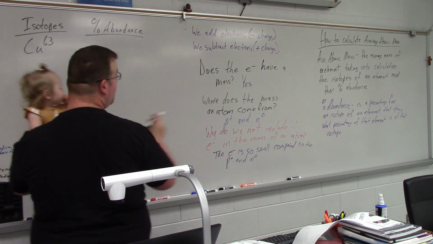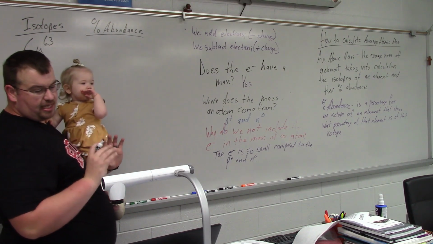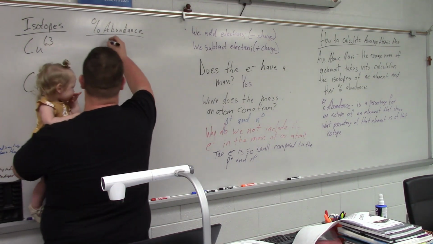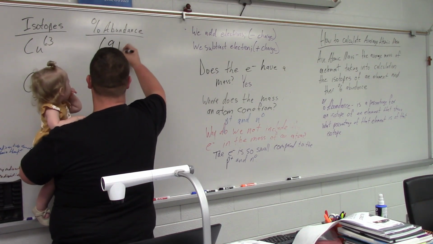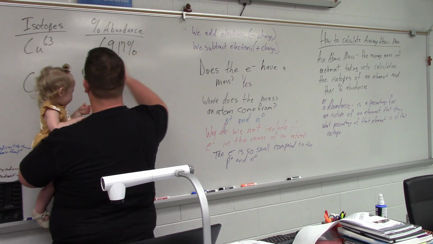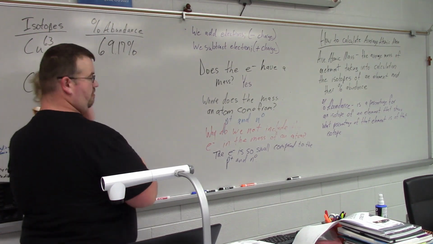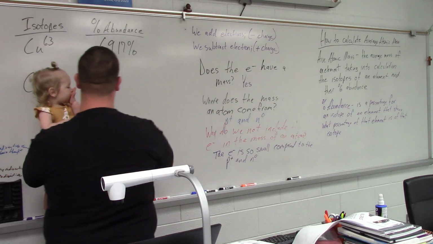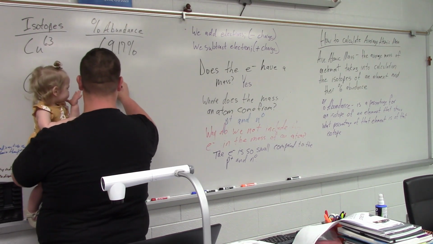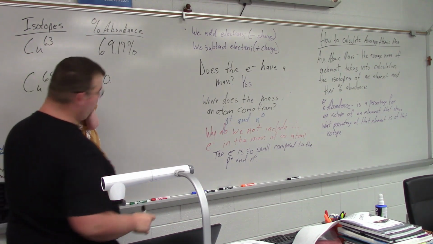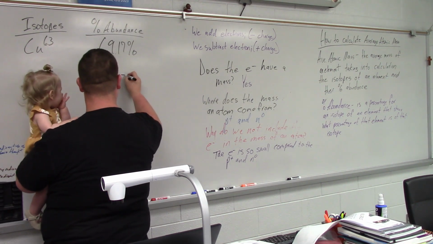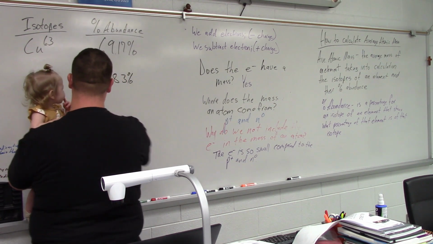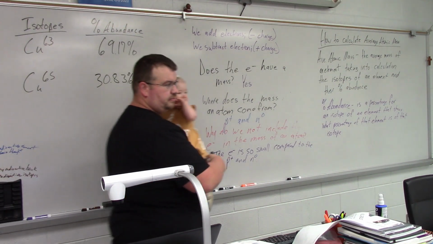Now the percent abundance is where things can get a little tricky for people. So 69.17% of copper is copper 63. Then 30.83% is copper 65.